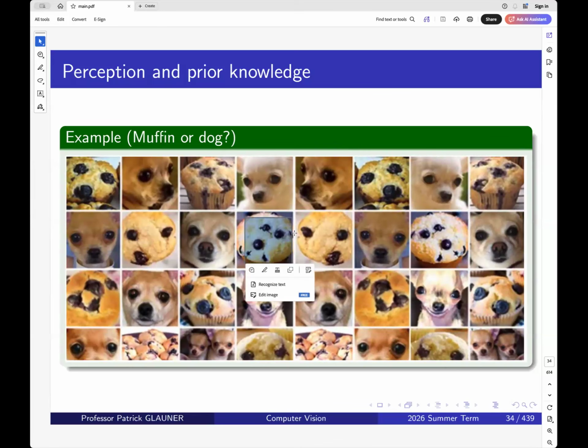So this one here is clearly a muffin, or this one, but this dog doesn't look too different to the muffin. This one maybe looks more like a dog. This one is clearly a muffin, but some of them actually look quite close if you look at them. Also, the muffin here is easy to detect.